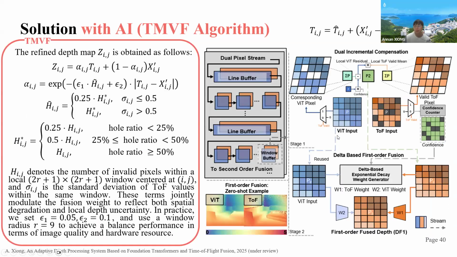What we will do, for every ToF input, if it is invalid, we will first find its valid neighborhood and record this neighborhood's positions. And then we collect the corresponding MDE pixels at the same positions. After that, the mean of these two windows would be calculated.